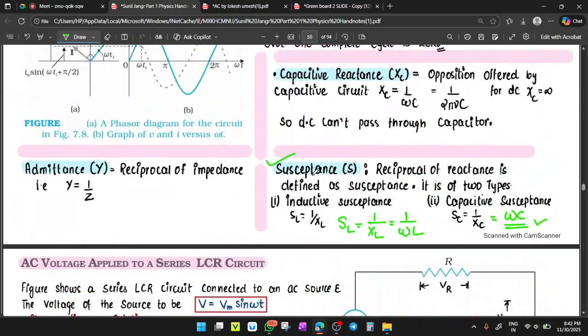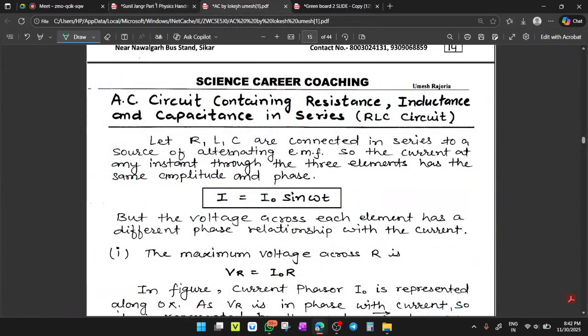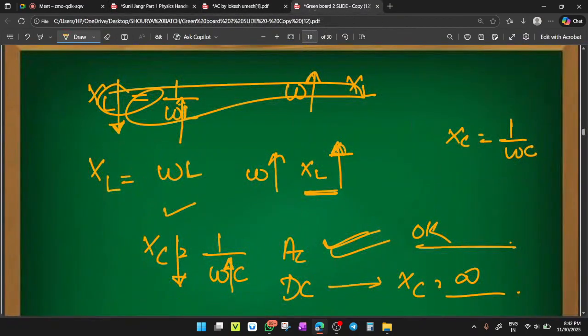Okay, then a new quantity I am introducing here is called impedance. Impedance works when you have at least two components, resistance and inductor, XL.